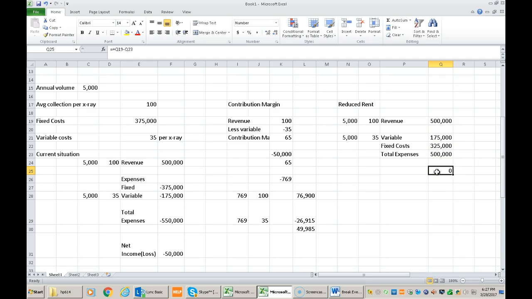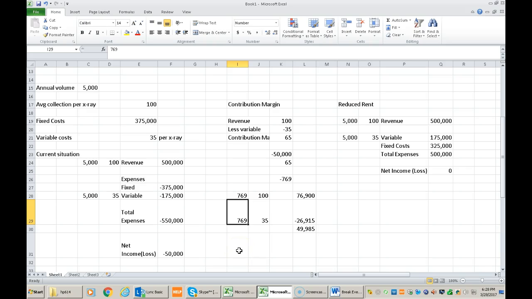Revenue less expenses, net income or loss, there is none. So here again though, if you were running this company, would you want to continue running it for break even? You know, it may depend on your mission, it may depend on a bunch of things, but at least here you're break even.